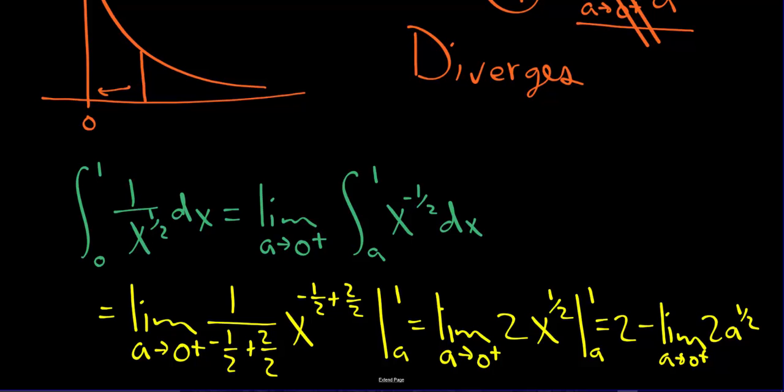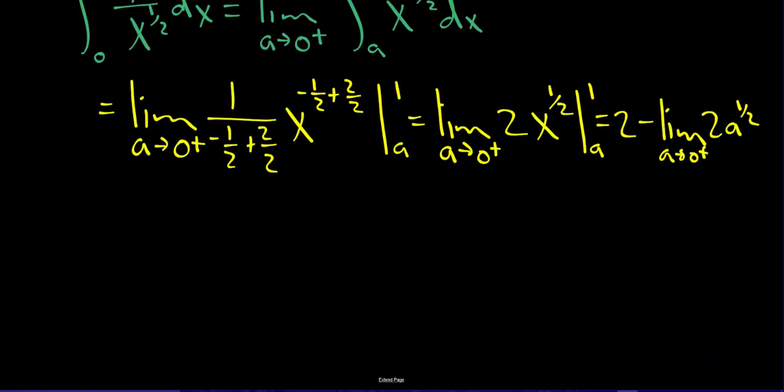So it looks like this whole thing is just going to be 2, right? Everybody see that? So this thing we learned yesterday about the integral with 1 over x to the p has one result when x is going to infinity, but it has the opposite when x is going toward an asymptote. Okay, any questions about that?